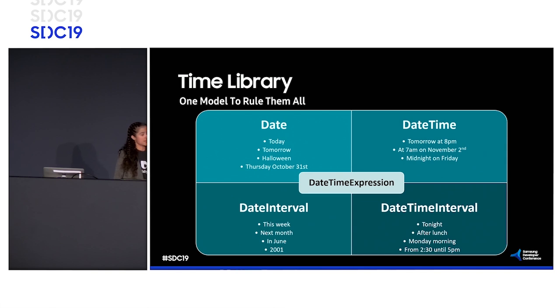This week, next month, in June 2001, these all become date intervals. And finally, we're very grateful to not have to do this work: datetime intervals can be resolved from complex sentences like tonight or after lunch, which tend to be more ambiguous.